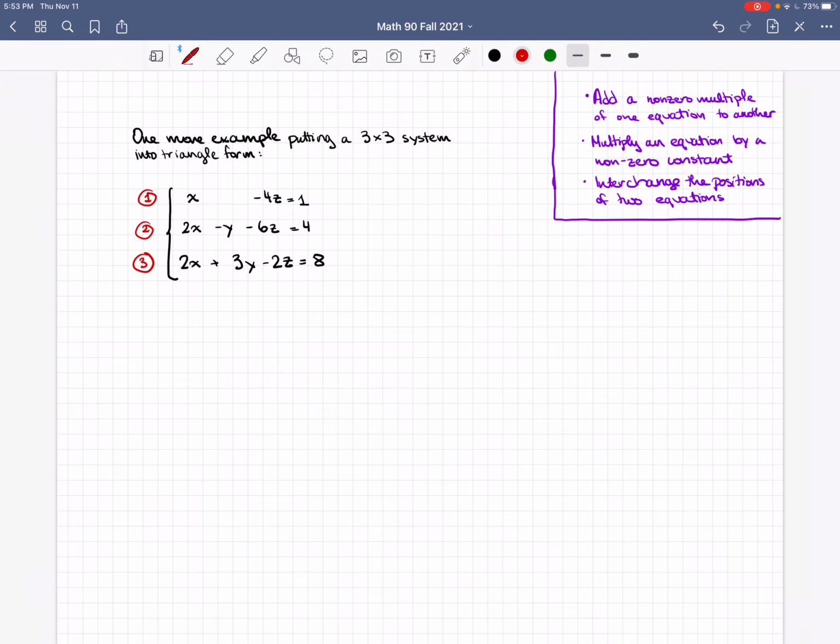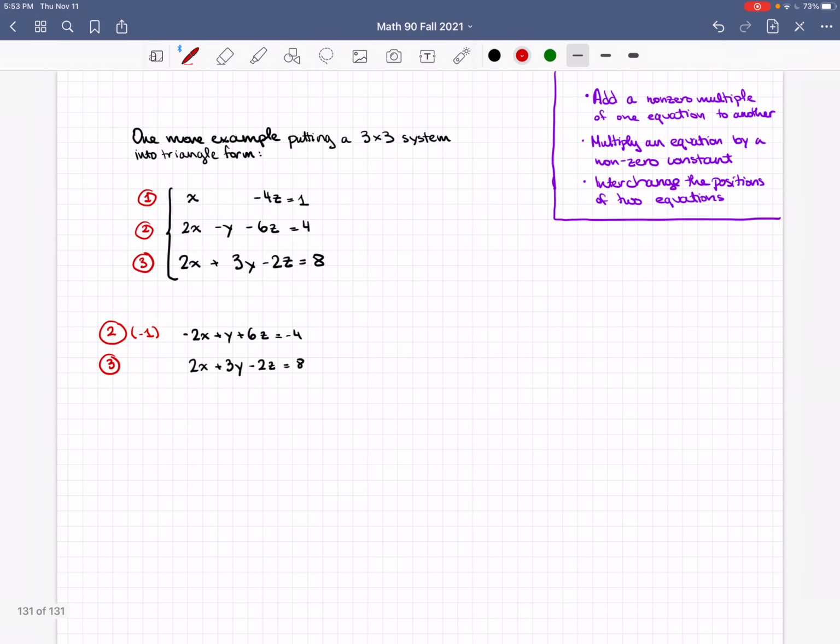So I'm going to take my second equation and multiply it by -1. And then I'm going to add the third equation to it. So that's going to get me -2x plus y plus 6z is equal to -4, and 2x plus 3y minus 2z is equal to 8.